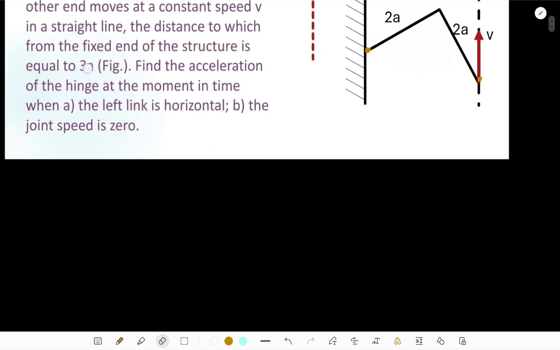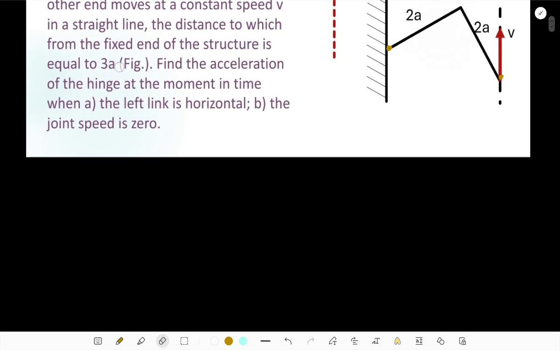I'm going to draw this picture again, because when making the left link horizontal, I'm not seeing anything in this problem worth solving. So the left link is horizontal, right? And where is the right link?